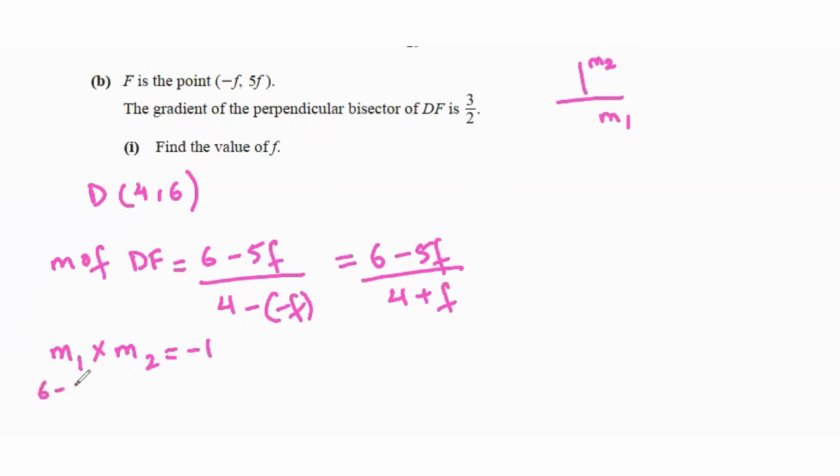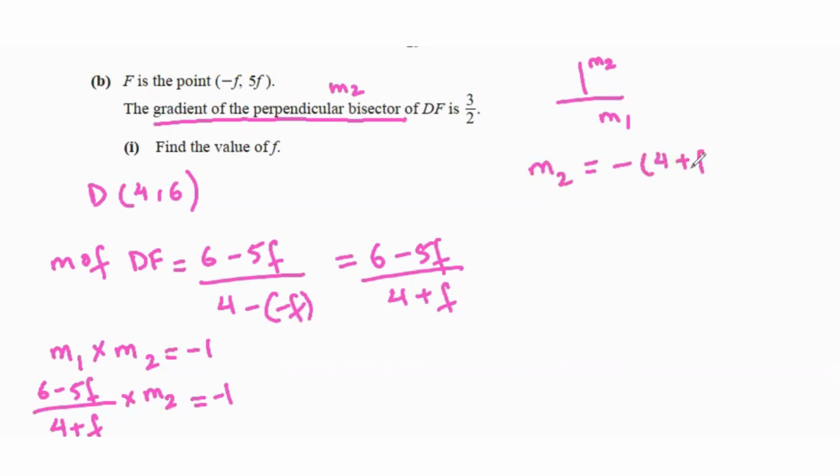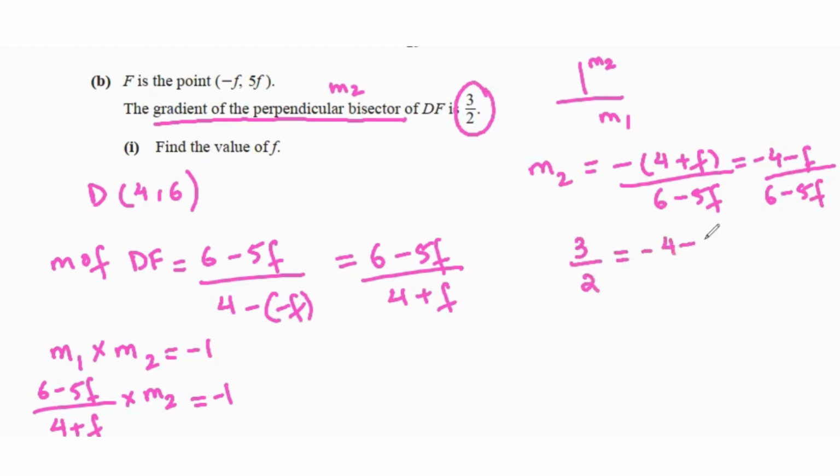So (6 minus 5f over 4 plus f) times m2, which is the gradient of the perpendicular bisector, equals negative 1, which will be m2 equals minus (4 plus f) over (6 minus 5f), which is negative 4 minus f over 6 minus 5f. This equals 3/2. So 3/2 equals minus 4 minus f over 6 minus 5f.